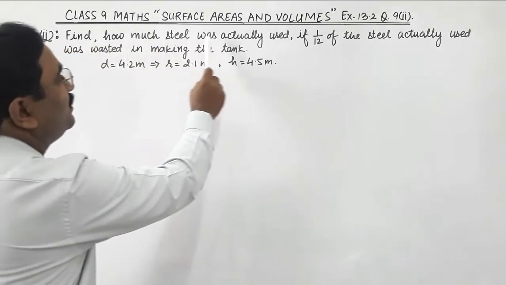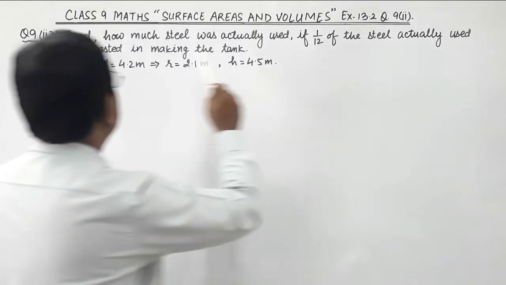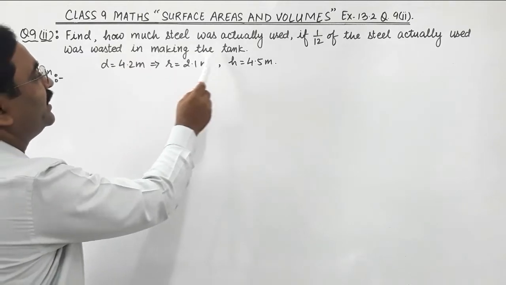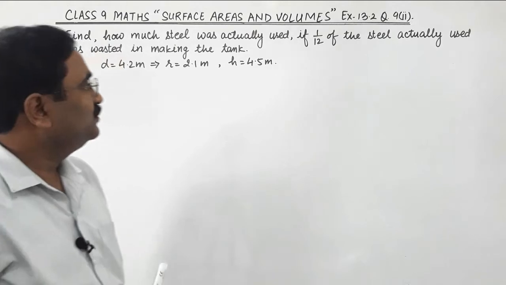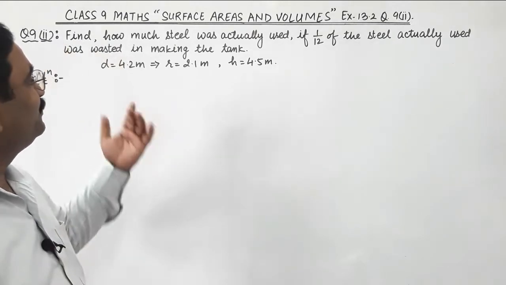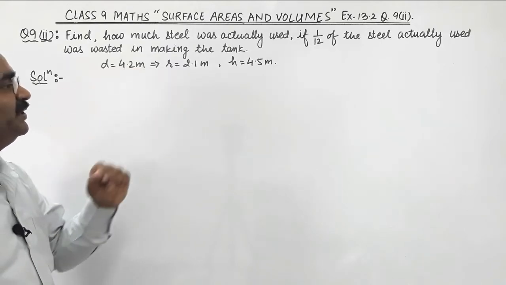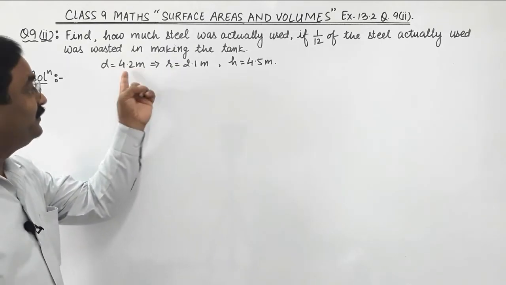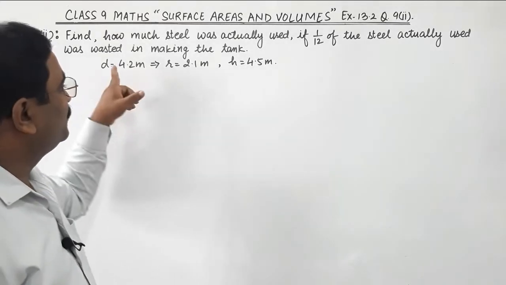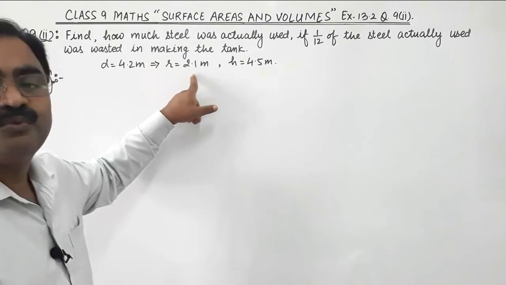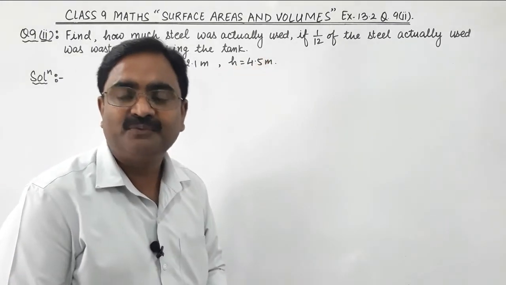Find how much steel was actually used if 1/12 of the steel actually used was wasted in making the tank. Right friends? As already given in the first part of the question, the diameter of the tank is 4.2 meter, so the radius is half of 4.2, that is 2.1 meter, and the height of the tank is 4.5 meter.